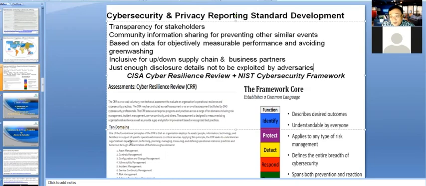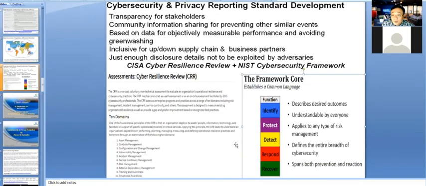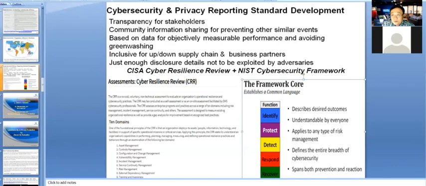So based on these topics, integrate with the framework: identify, protect, detect, respond, and recover. These are two good examples in the cybersecurity area, which can be combined with the ESG matter to produce a cybersecurity and privacy reporting standard in the ESG area.